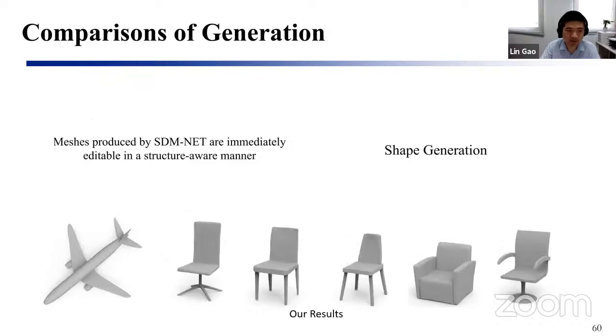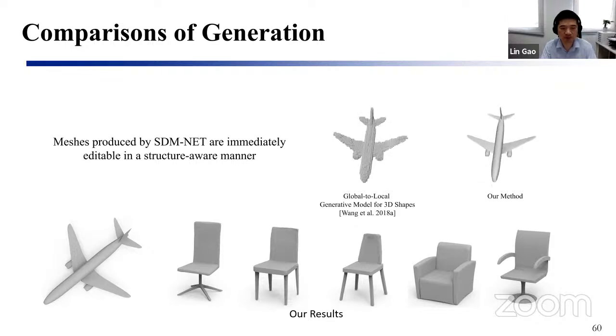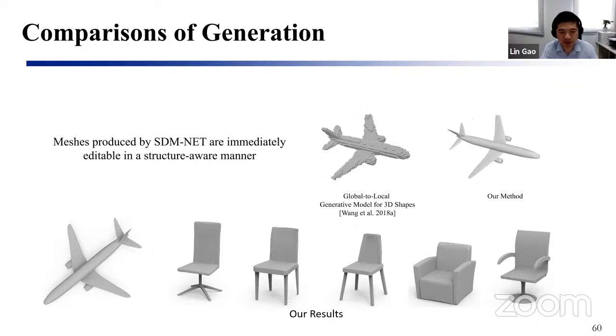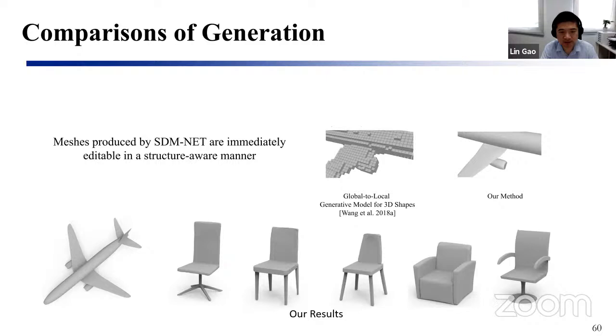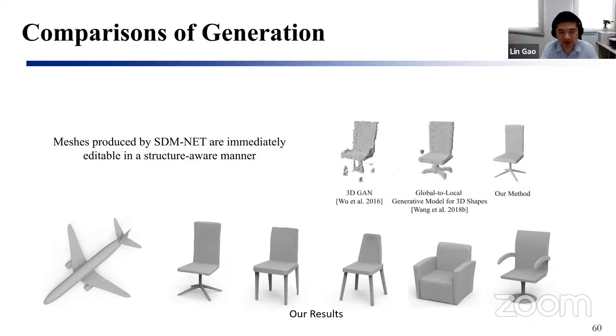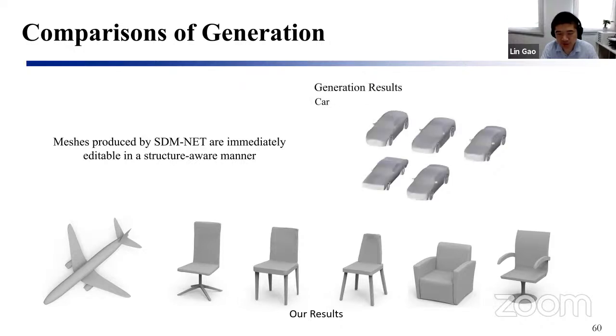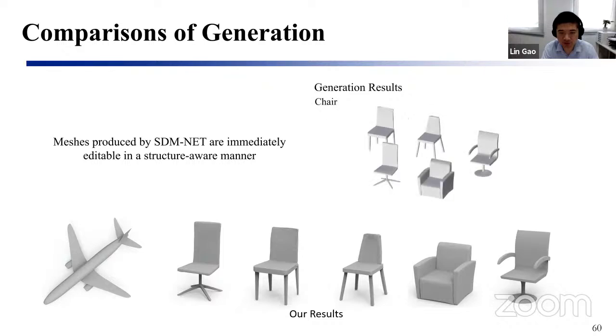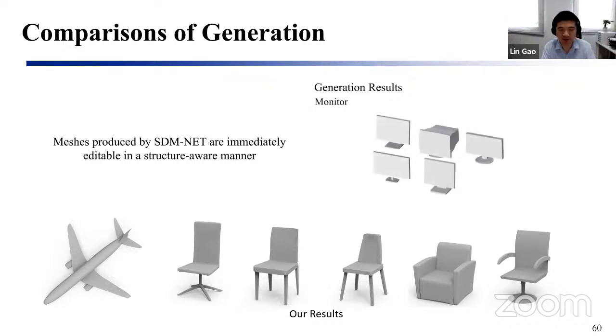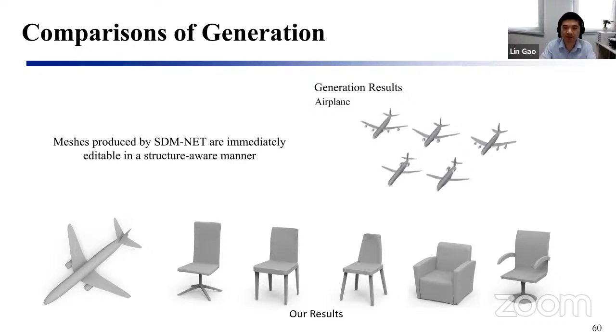And here, this slide demonstrates the generated meshes. We also do the comparison with other generative models. We could find that this method could generate models with fine geometry detail, and the generated shape could support each part in a stable way.